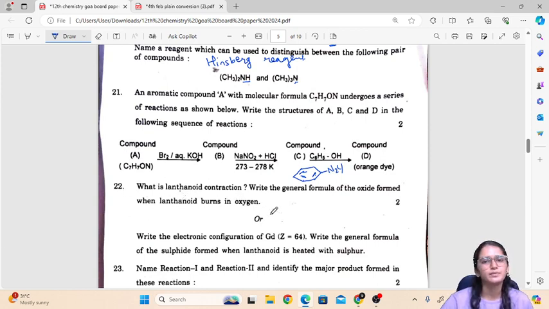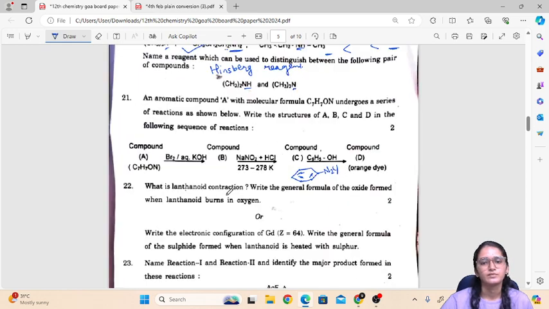This is simple and you can easily understand the meaning of the definition. So this is the answer.